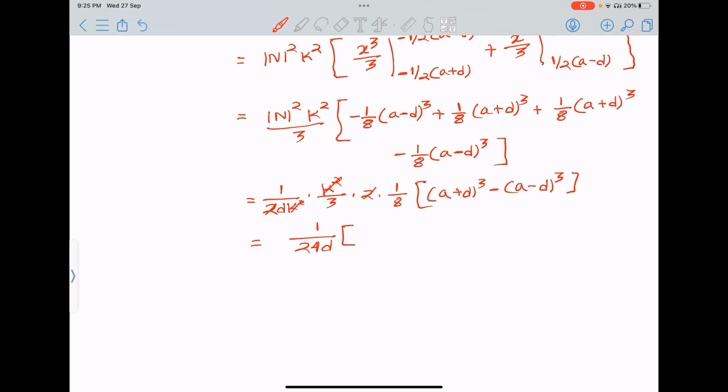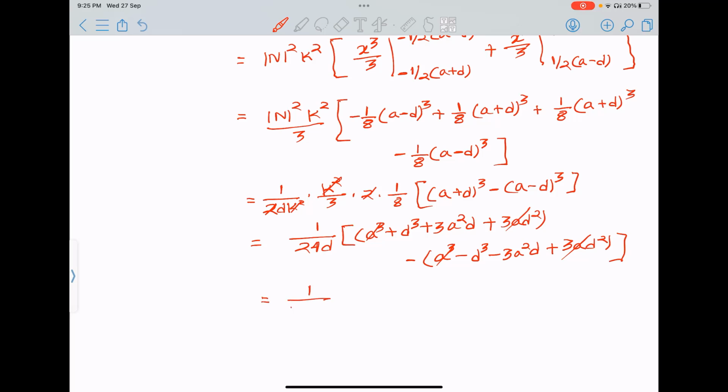Now this thing will give me a cube plus d cube plus 3a square d plus 3a d square minus of a cube minus d cube minus 3a square d plus 3a d square. Right? So this a cube and a cube will be cancelled, as well as this 3a d square and 3a d square.